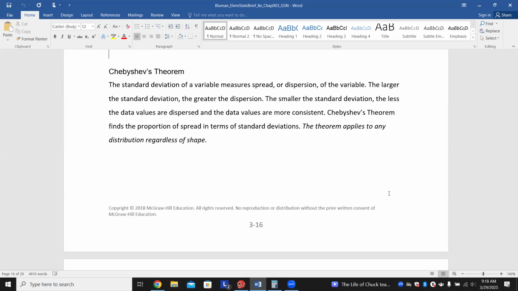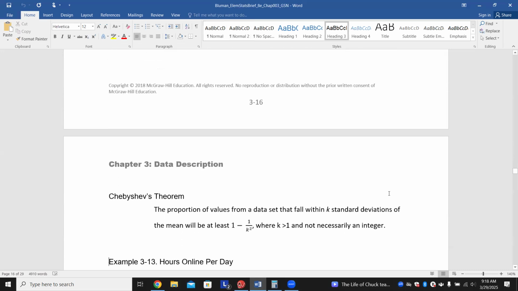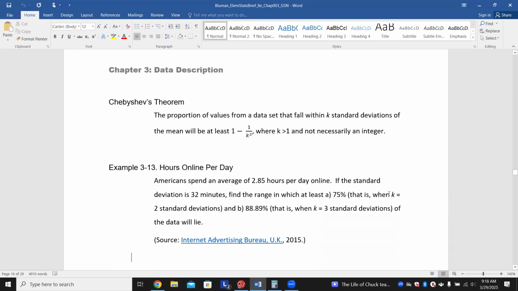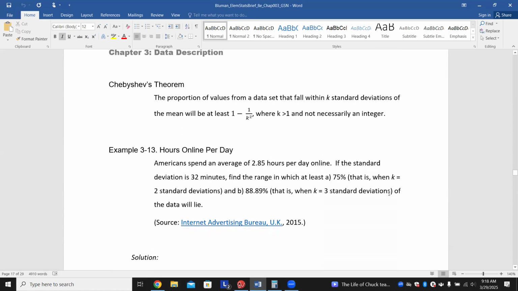Chebyshev's theorem finds the proportion of spread in terms of standard deviation, and the theorem applies to any distribution regardless of shape. Basically, it's the proportion of values from a data set that fall within K standard deviations, however many standard deviations you want.